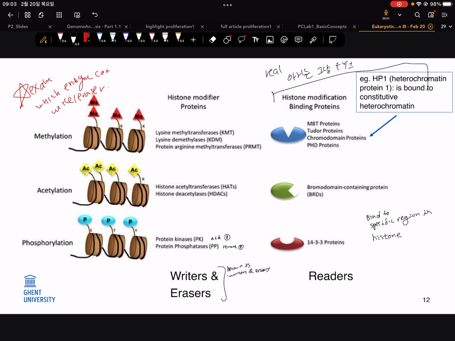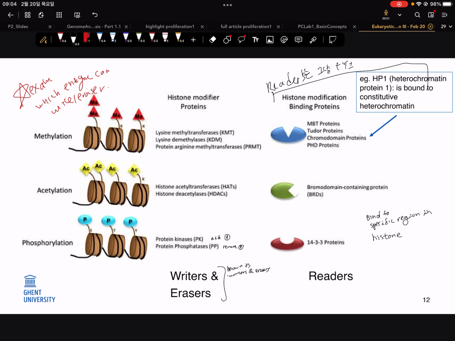So a chromodomain is, for example, a very typical domain that binds to a methylated H3. One example of a protein that is well known to contain a chromodomain is heterochromatin protein 1, HP1. Watch out, do not confuse that with H1. That's not the same.